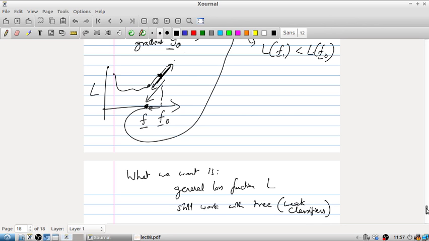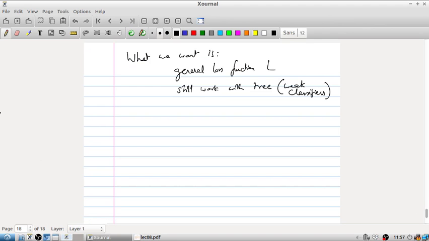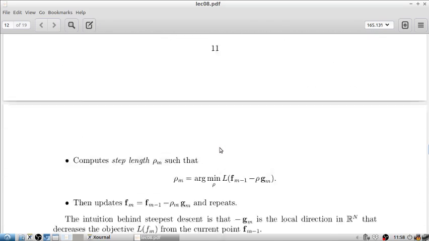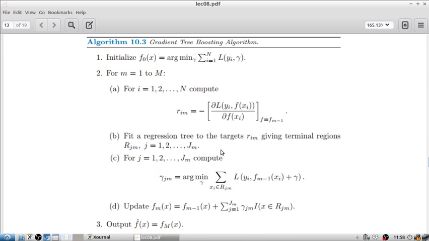And the way we work with it, I'm going to explain through this particular snapshot, is as follows.